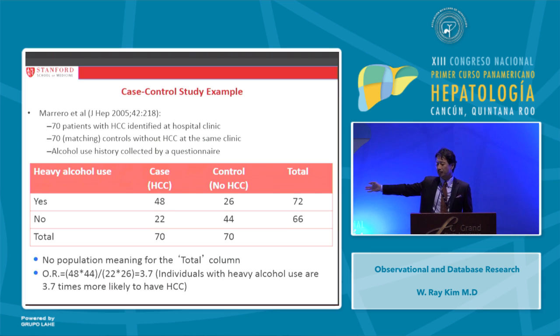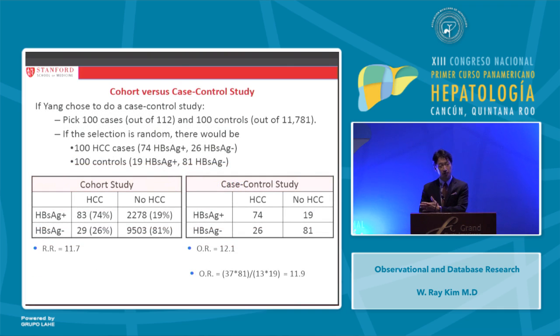And again, the total column has no meaning because you don't have the baseline population, but you can calculate odds ratios, and they came up with 3.7. Meaning that drinking is associated with 4-fold elevation of risk for HCC. Whether that is the right answer or not, we don't know, but that is what they came up with.